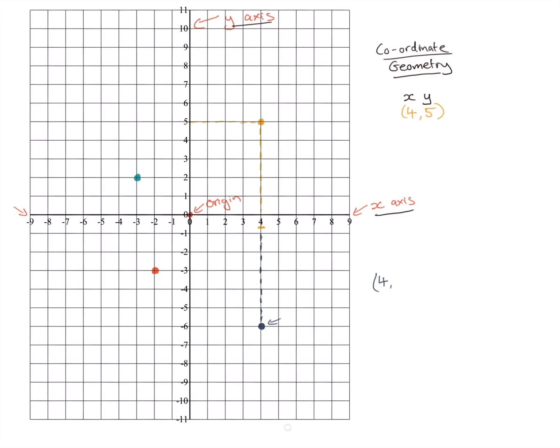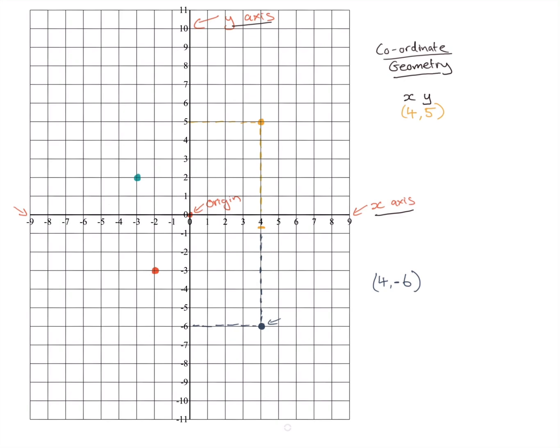But it lines up with 6 on the y-axis. But that's not a normal 6. If you look just to the left of the 6, you can see that that's a minus 6. So it's below 4 and it's in line with minus 6.